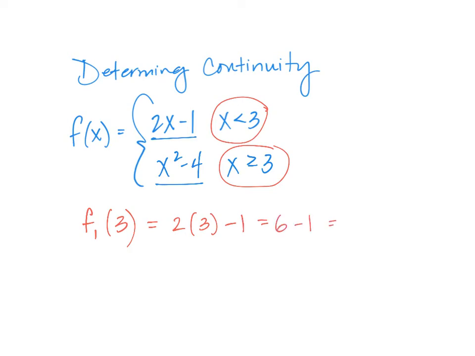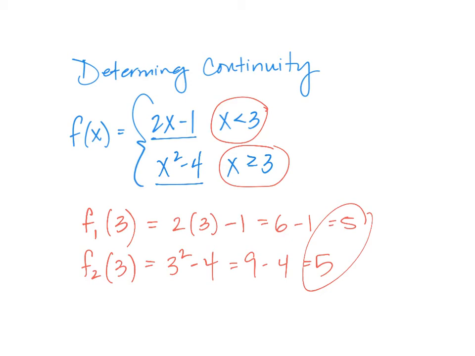That's 6 minus 1, or 5. My second part of the function, I have 3 squared minus 4. That's 9 minus 4, which is 5. So what this is telling me is my two functions meet at the same place, therefore they are continuous.